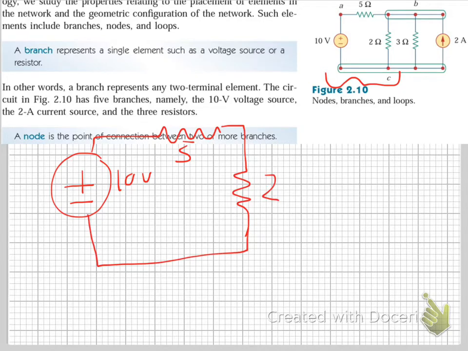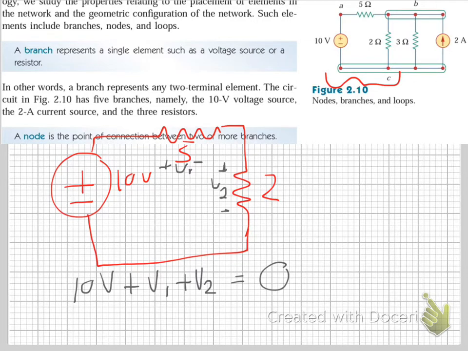So when we're considering this loop, we say that the sum of voltages here is equal to 0, right? So if we say that this is V1 and that's V2, right? So therefore 10 volts plus V1 plus V2 is equal to 0. That's basically what this says.